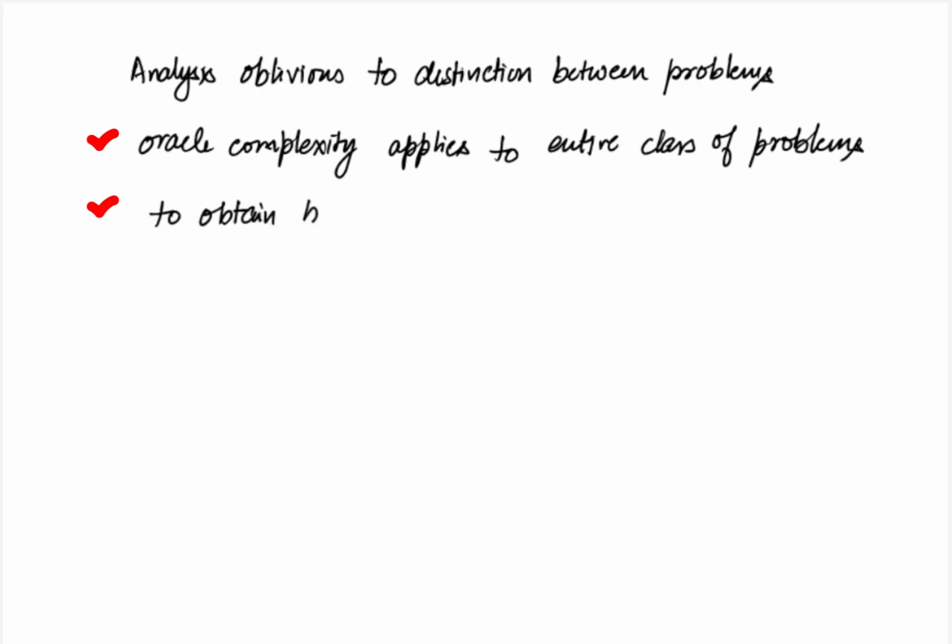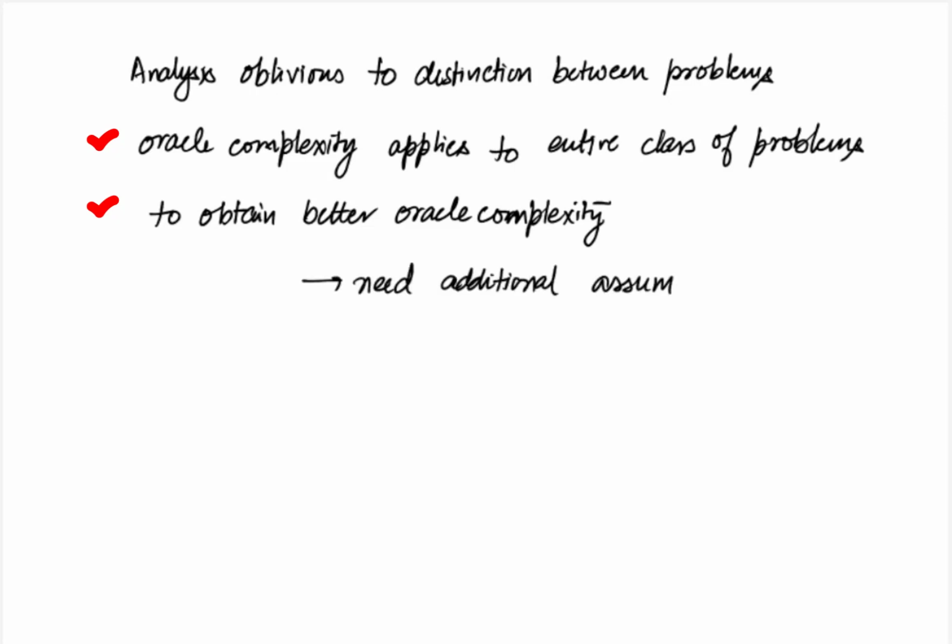But to obtain better oracle complexity bounds, we need an additional assumption that would separate out the problems where the performance of constant step size gradient descent is bad and that of backtracking is good. For instance, if we assume something about the dependence of L on x, then maybe it might be possible to show that under such an assumption, backtracking gives theoretically better performance. In summary, the oracle complexity bounds will always reflect the general performance over the entire class of problems.